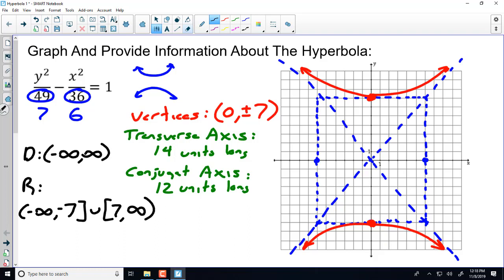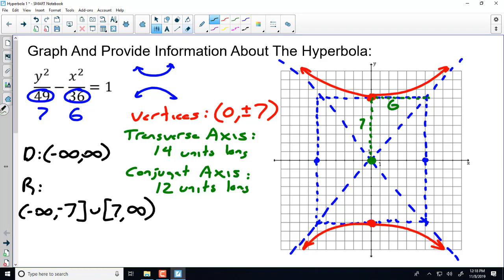All right, what else do we have? We have the asymptotes. Now the asymptotes are going to be equations for lines. And the secret to writing the equation for the line on these is knowing the y-intercept is right here at 0. And you can find the slope of one of your asymptotes by counting up here and over here. So that's up 7 over 6. So therefore the slope of the asymptote is 7 over 6.